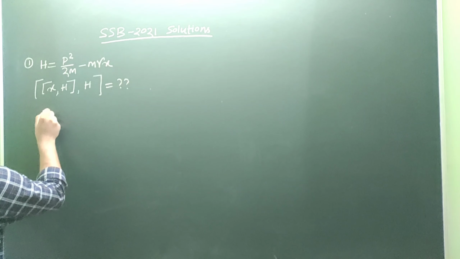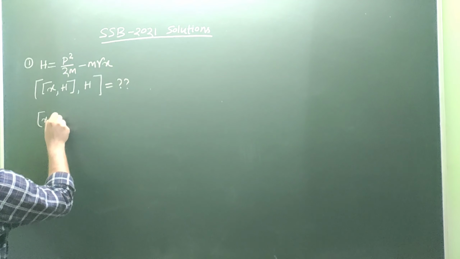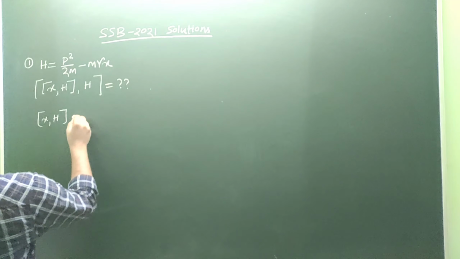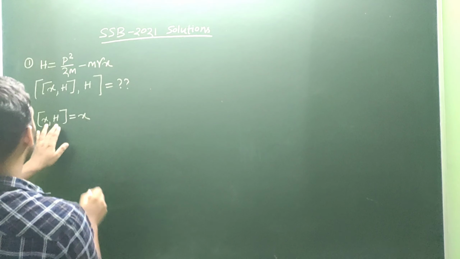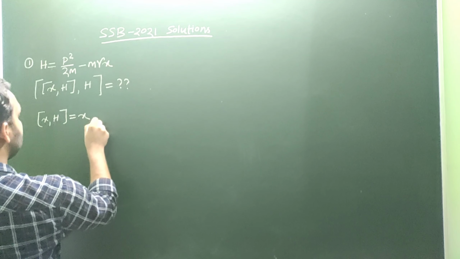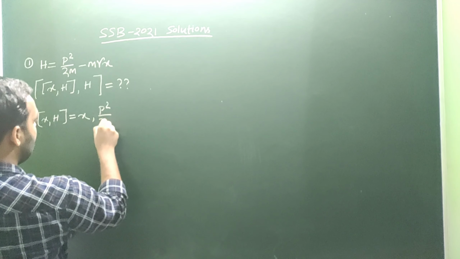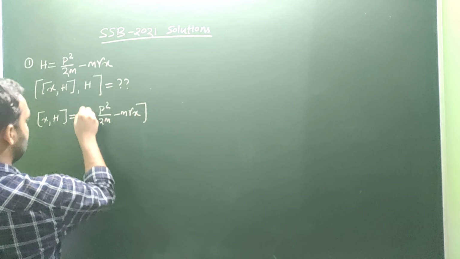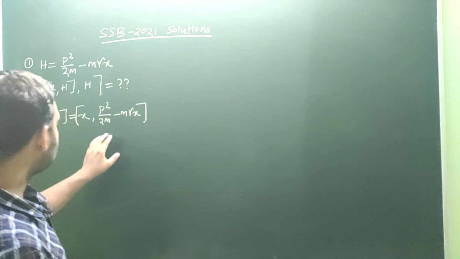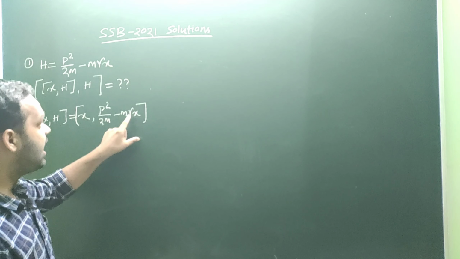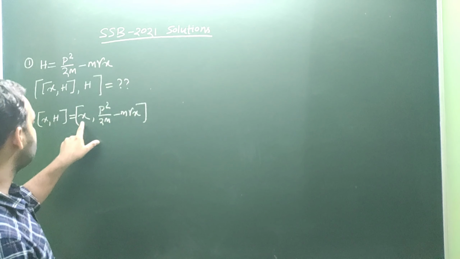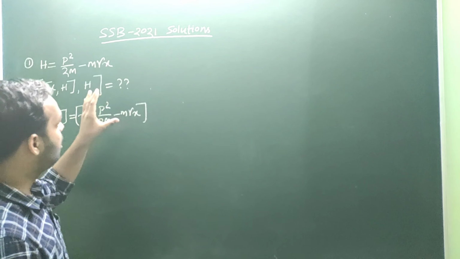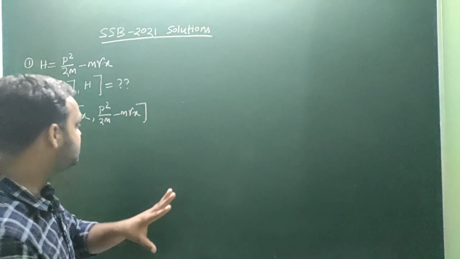Let's take this one first, the Poisson bracket of x with H. Now put the value of H here. You will get the Poisson bracket of x with p square by 2m minus m omega x. If you see, there is an x term here, and the Poisson bracket of x with a function of x, you know, that is 0.